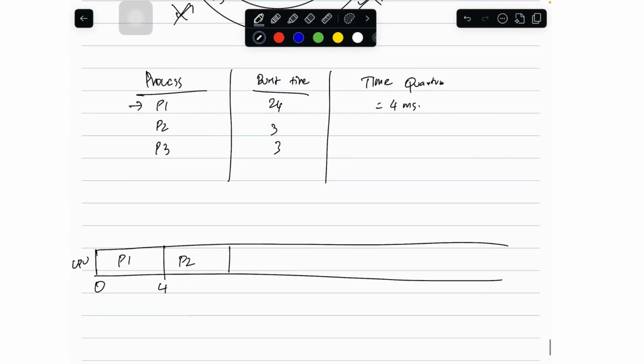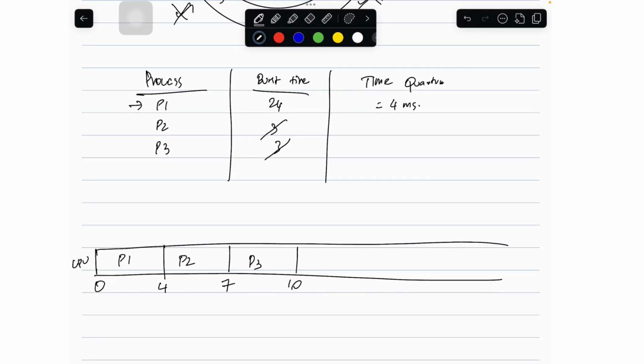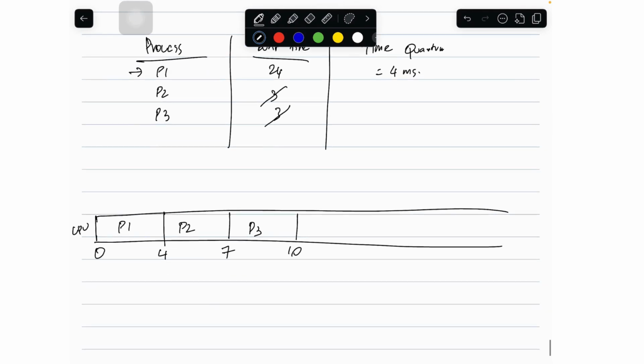Now the burst time of P2 is only 3 milliseconds, so we don't need 4 milliseconds, 3 is enough. So it gets over, then P3 gets in, and this gets over. P3 also needs the CPU for only 3 units of time. So now P1 goes in.